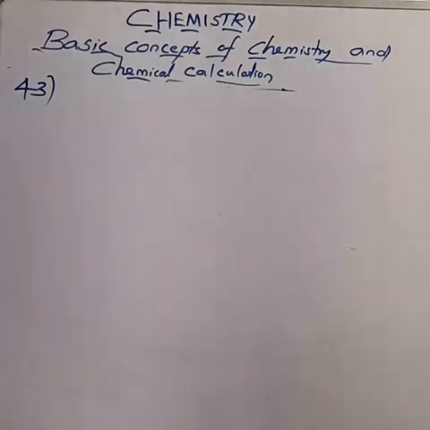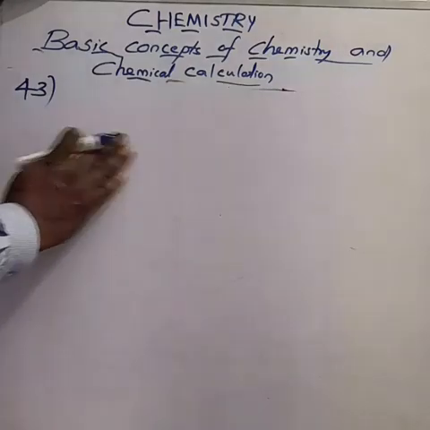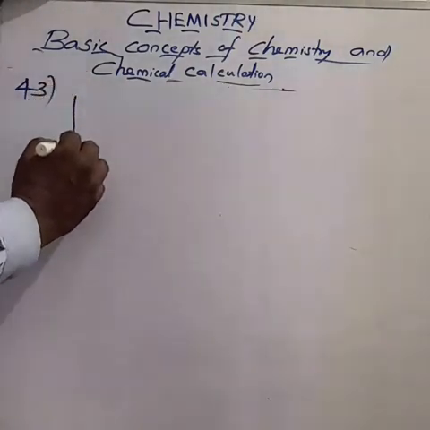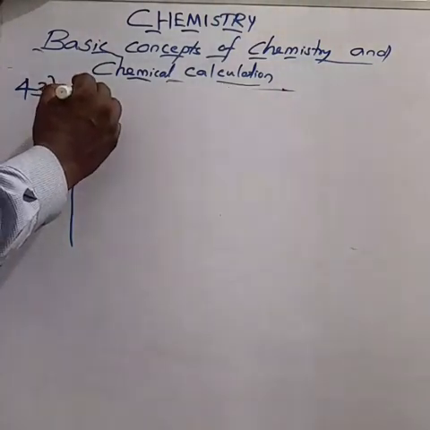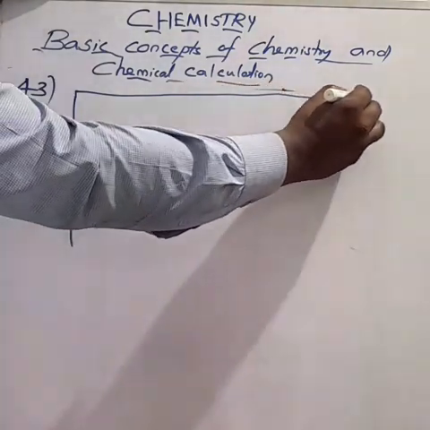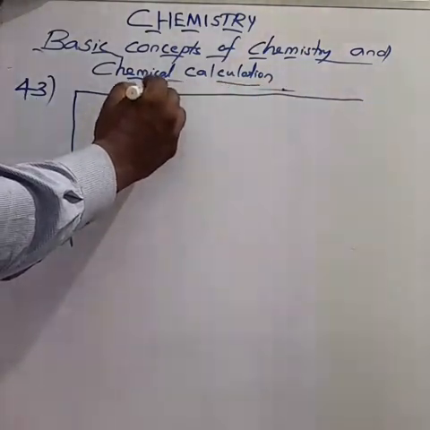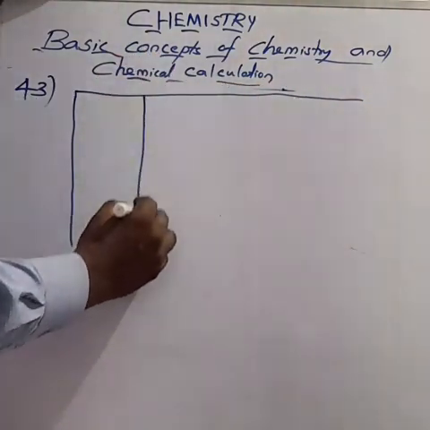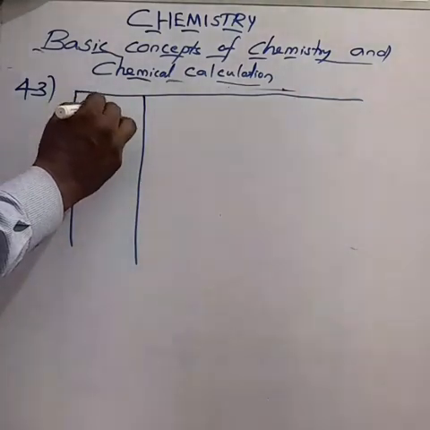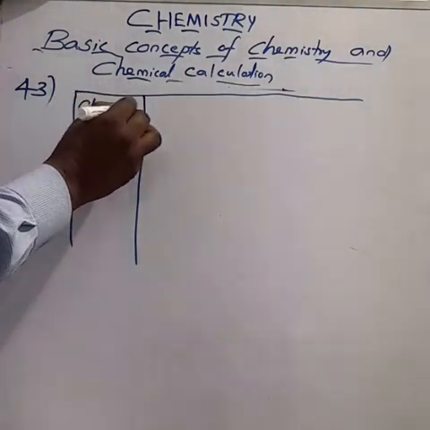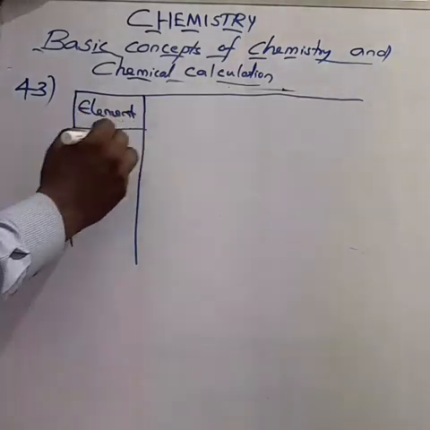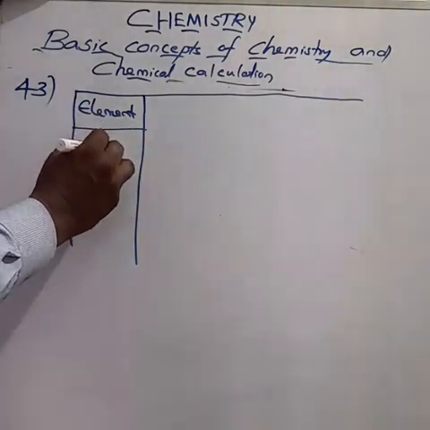Dear children, for this question also we are making one tabular column. First column, I am writing element. As per this question, we have 4 elements. One is sodium. We have to write the element.